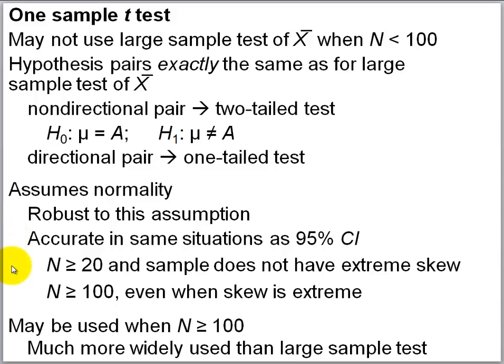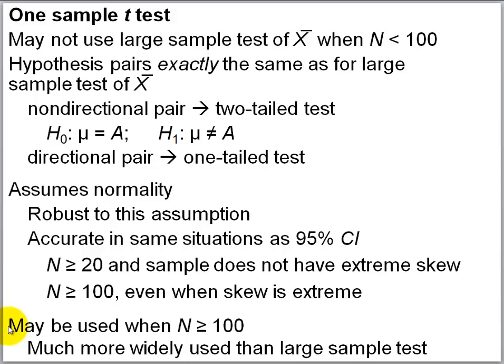So, if you have a sample size that's 20 or greater and your sample does not have extreme skew, as demonstrated in the figures in Chapter 5, you're going to get sufficiently accurate results. If you have a sample size of 100 or greater, you're going to get accurate results even when skew is extreme.